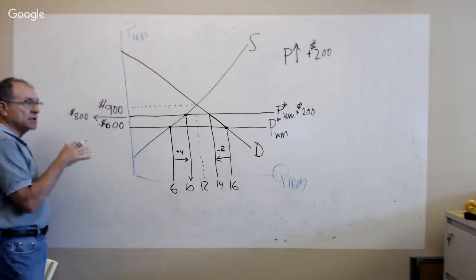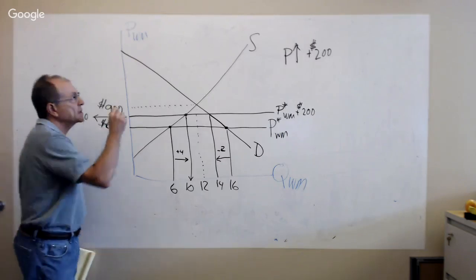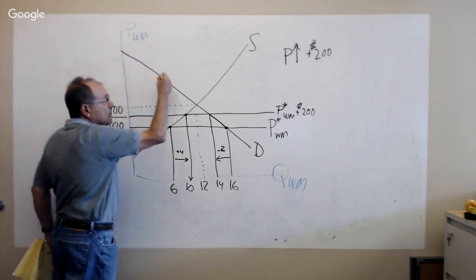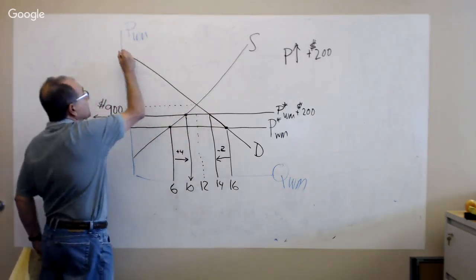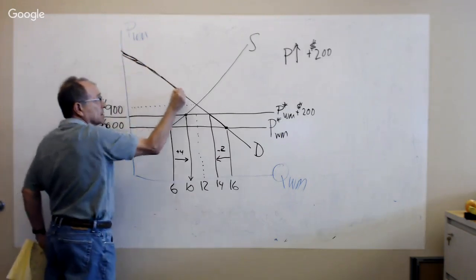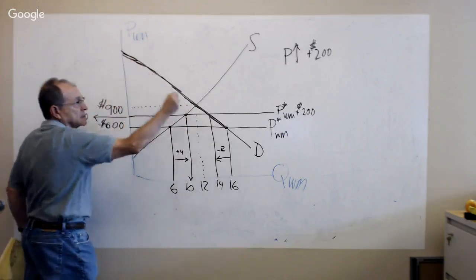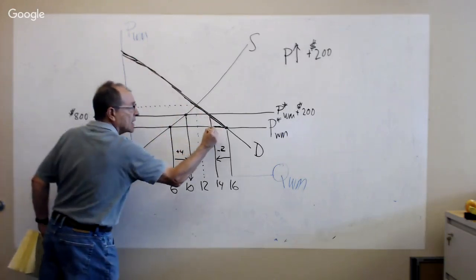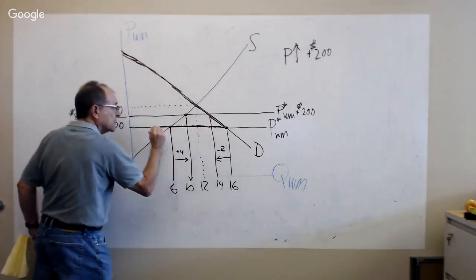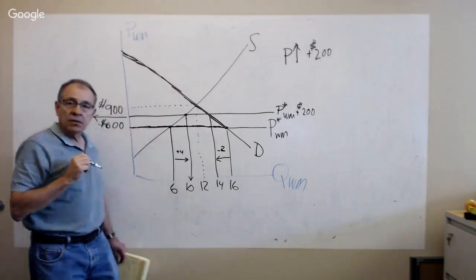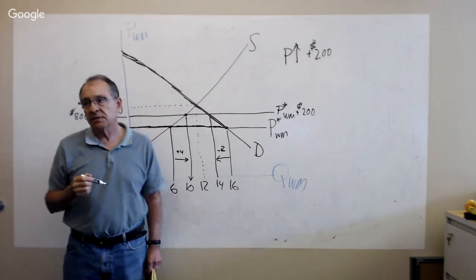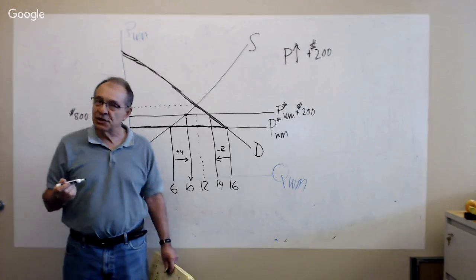So let's start with consumers. What you can see is that before the tariff was in place, and I'm going to darken this line here, the demand curve, and this is the price line before the tariff. That area represents, as Dr. McDaniel said, consumer surplus.